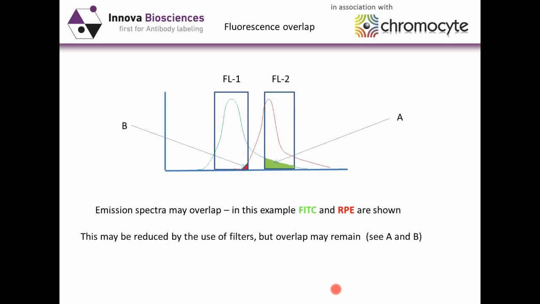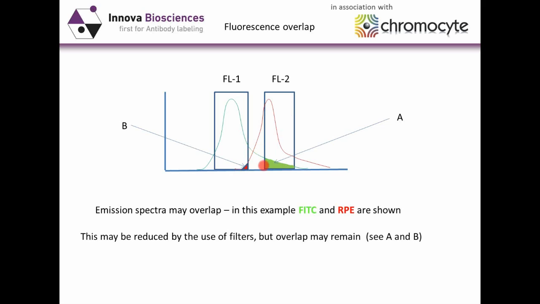Using the same fluorescence overlap diagram, you can see in this case that the fluorescence emission spectra of FITC and RPE overlap quite considerably. You can reduce that using filters, and all standard flow cytometers are fitted with very good sets of filters, and the FL1 filter here looks at just the peak emission of fluorescein, the FL2 filter, the peak emission of phycoerythrin, and cuts out some of the overlap from fluorescein.